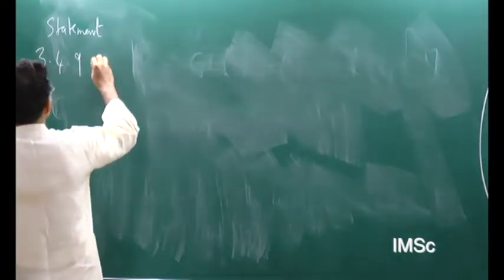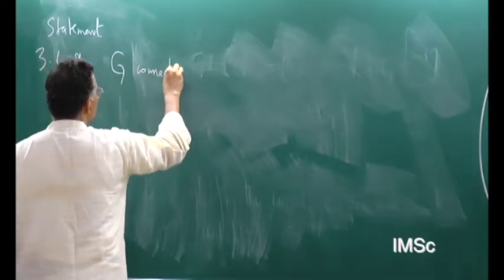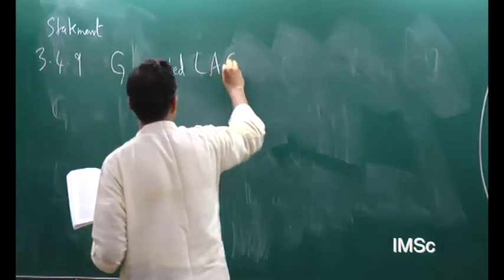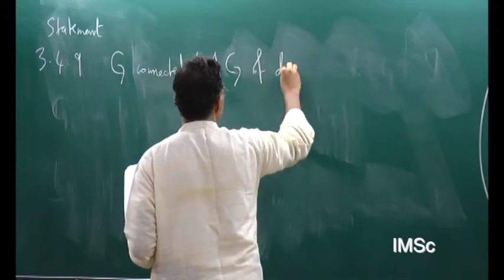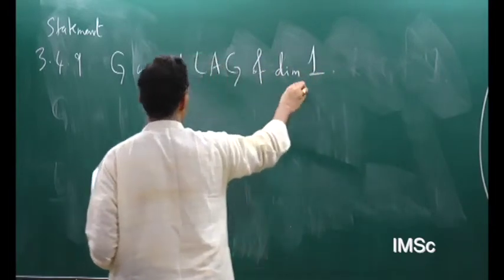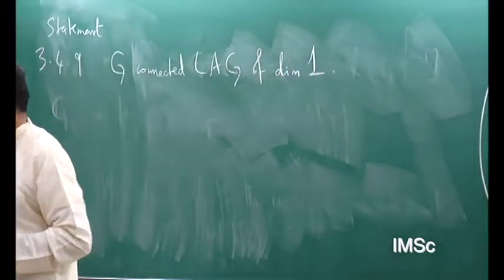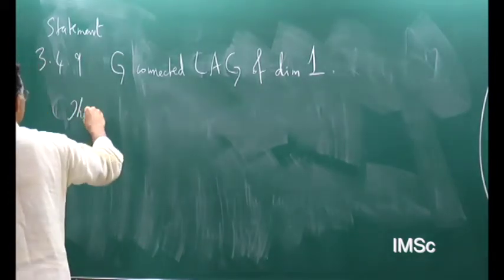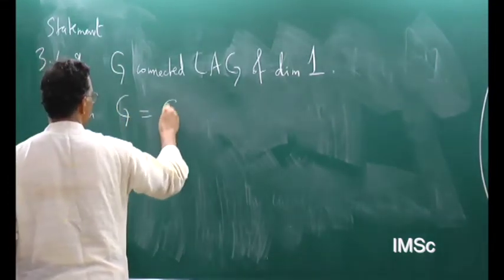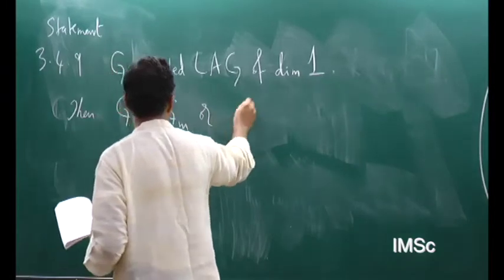So G is a connected linear algebraic group of dimension 1. Then G is equal to Gm or G equals Ga.